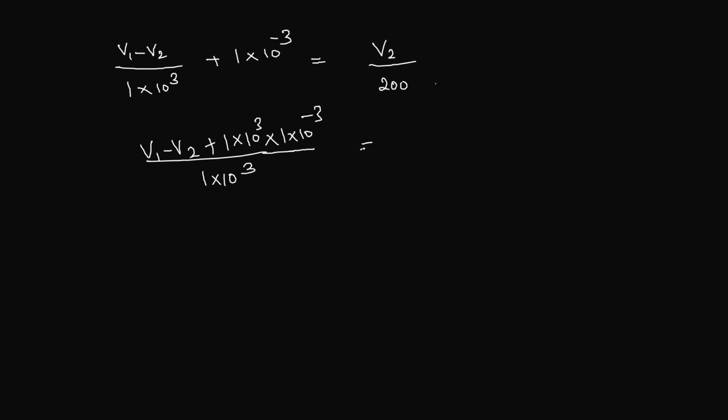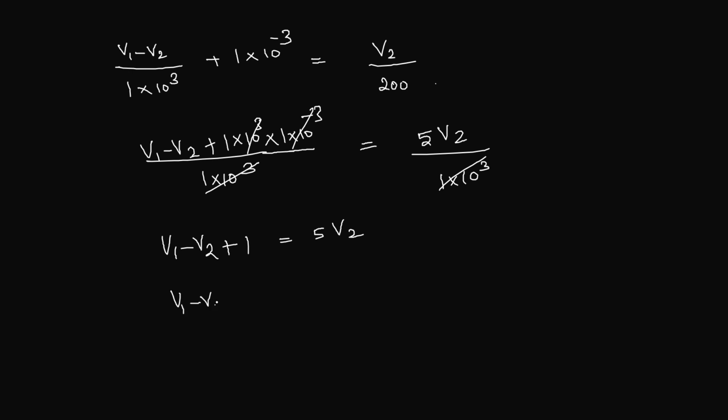That is equal to, taking the same common denominator, 5 times V2. These terms cancel out, so V1 minus V2 plus 1 equals 5V2. We can write this as V1 minus V2 minus 5V2 equals minus 1, so V1 minus 6V2 equals minus 1. This is our second equation.